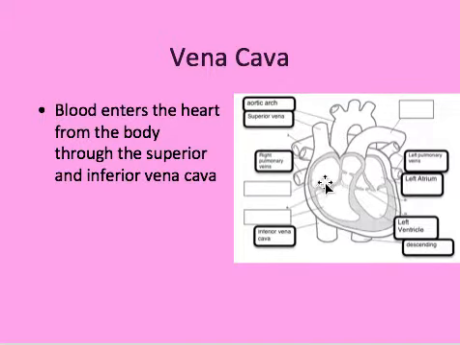From the right atrium, it's going to go to the right ventricle. From the right ventricle, it goes out the pulmonary trunk to the right and the left pulmonary arteries. And it ends up at the lungs, and then you're back at your coronary circulation. So maybe that's what I meant by that.